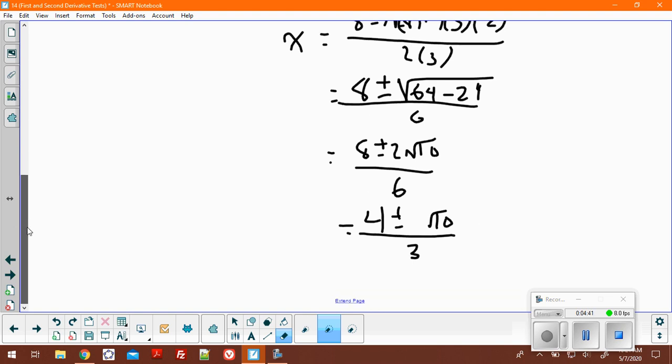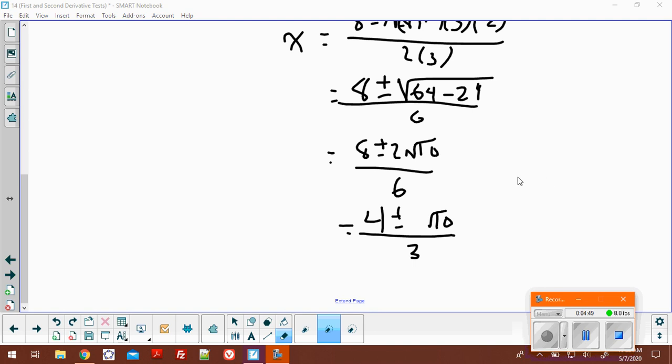Those are locations where the slope of the tangent is 0. That tells me that if I were to draw my cubic function, one of these points could be a max, and one could be a min. I say could be because there are actually three kinds of situations.